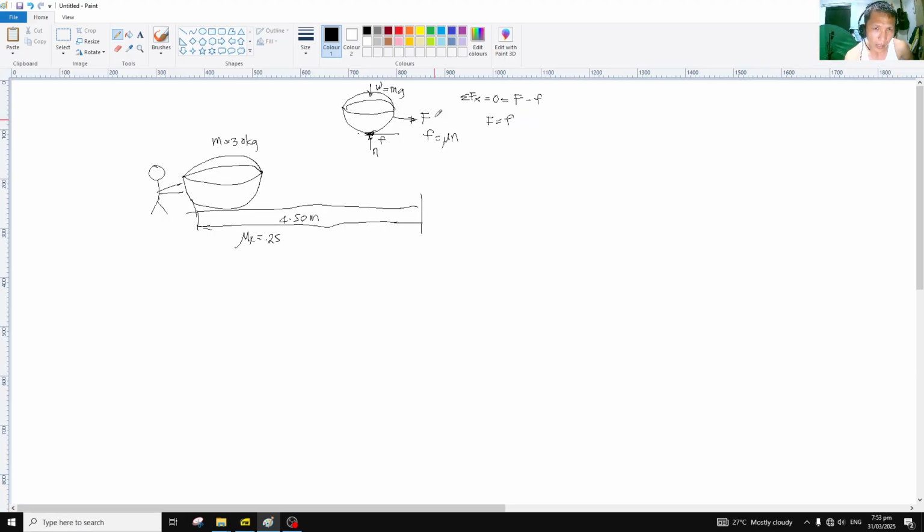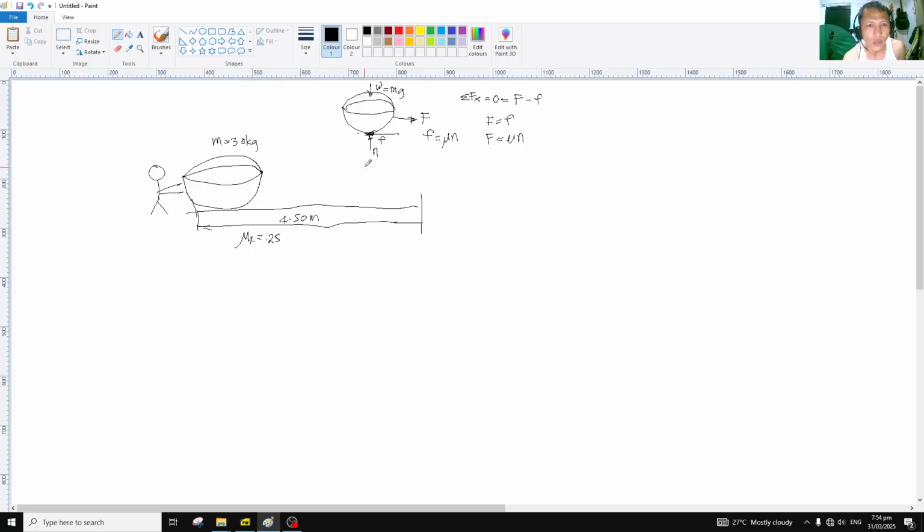Now, letter A problem is just what is this F? That F is equal to your frictional force. Now, your frictional force is equal to mu n. But again, we don't have a normal force for this. So maybe we can have another equation.